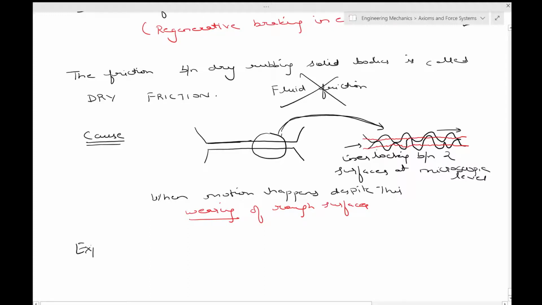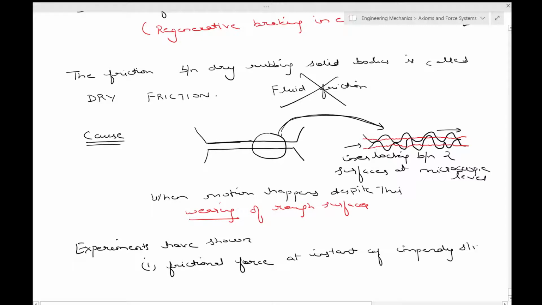So experiments have shown two things. One, that the frictional force at the instant of impending slip, meaning the instant at which slip is just about to happen, is proportional to normal reaction.